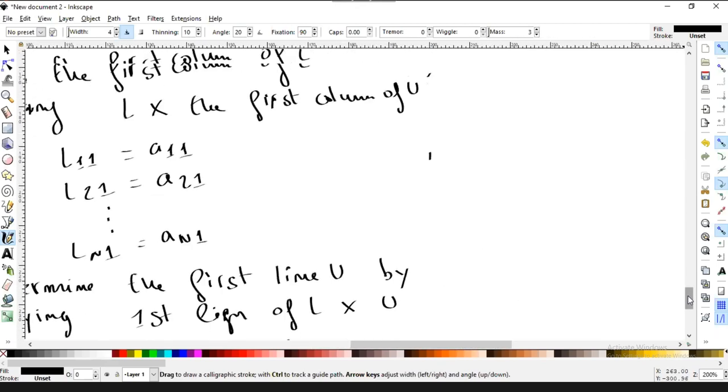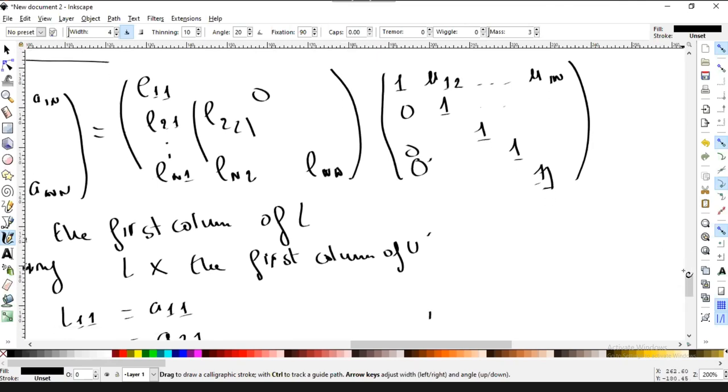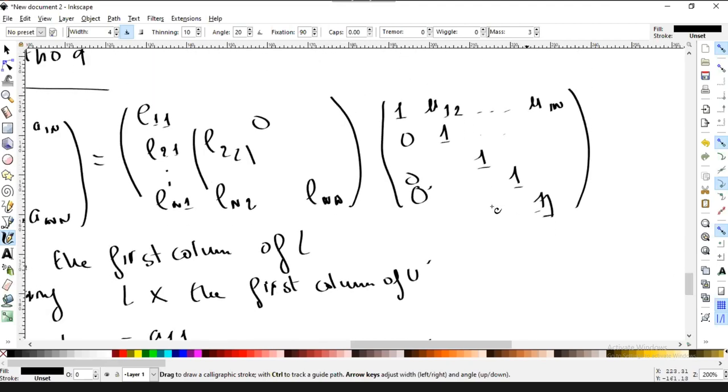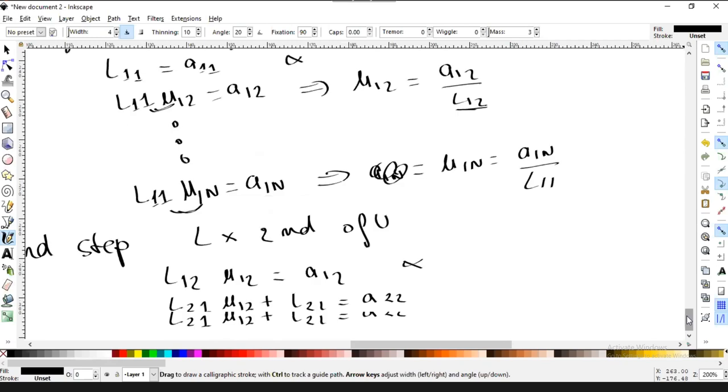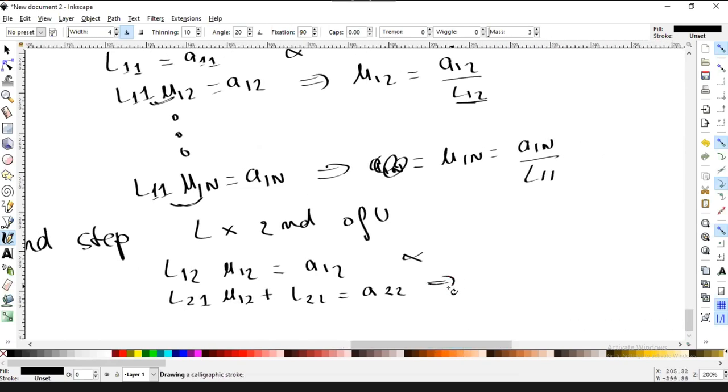So when we multiply this, we get L21 U12 plus L22 is equal to A22, these elements. Here you can determine now, this U12 you know, this L21 you know also.